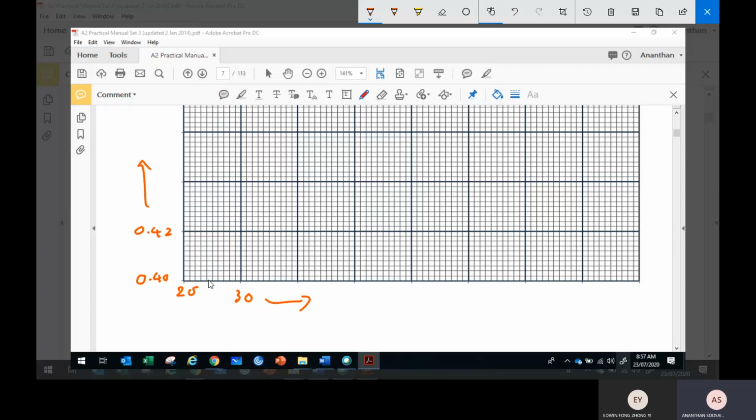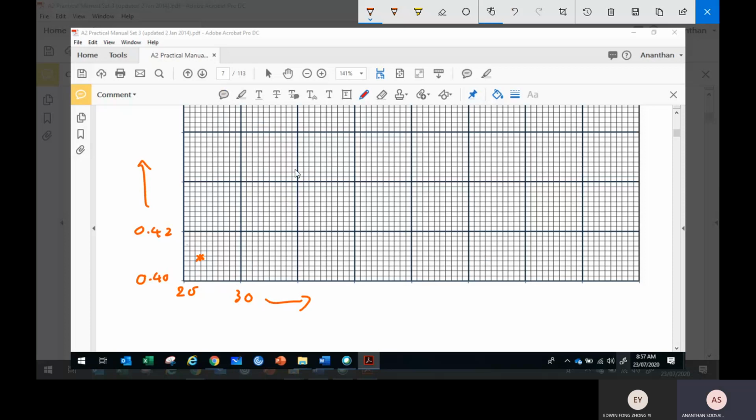What is your x? 23. So 23, 411. 411, I think somewhere 5 boxes somewhere here. Okay, somewhere here, let's say cross.